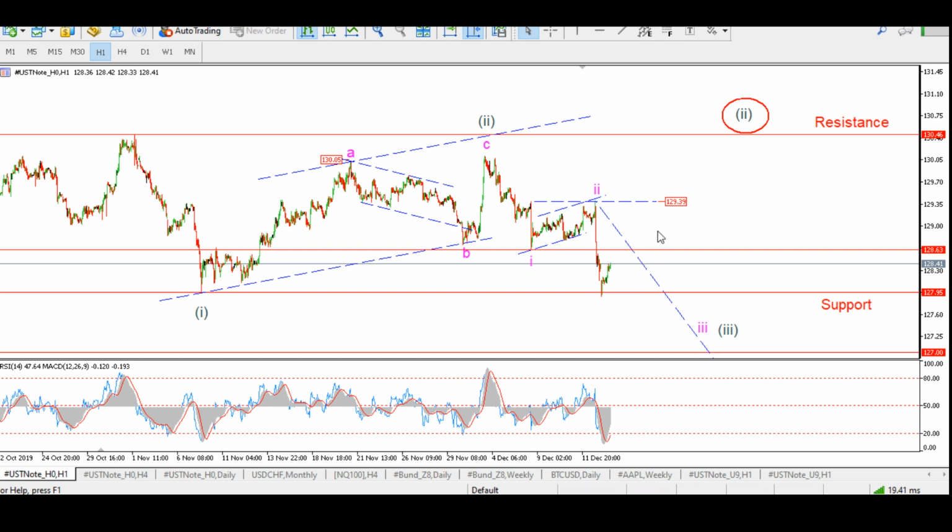If we get some sort of grind higher again today and we start pushing back above 129, that will strongly hint at the alternate count for wave 2. So next week I want to see a continuation lower, but we'll have to decide between those two counts. Definitely if we get a break of 129.39 or 129.40, that will pretty much trigger that alternate count. Okay, that's it.